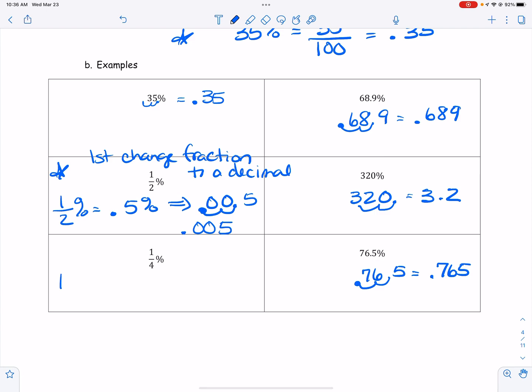Same thing for this one. 1/4% is the same as 0.25%, which then I can drop the percent sign and move it 2 places to the left. And so my final answer would be 0.0025.